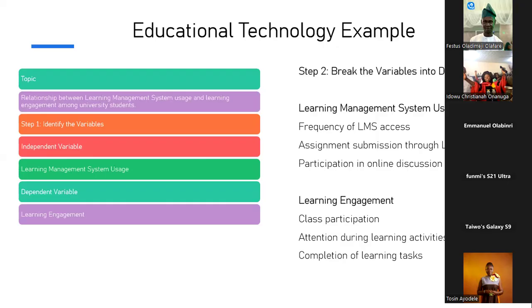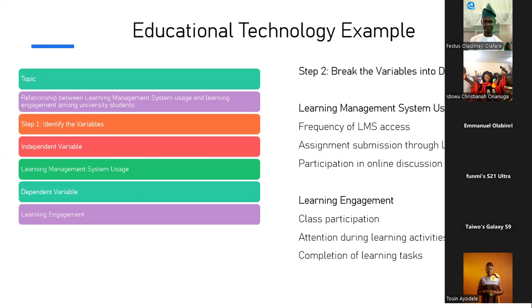You know, when it comes to research, as we said at the beginning of our training, we have philosophies. And research is all about perception. The way you are seeing things is quite different from the way I will be looking at it. And that is why I said if you leave learning management system usage as a whole, it's fine. If you leave learning engagement as a whole, it's fine.